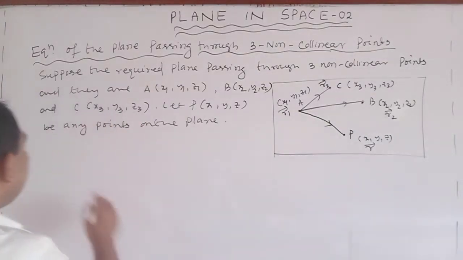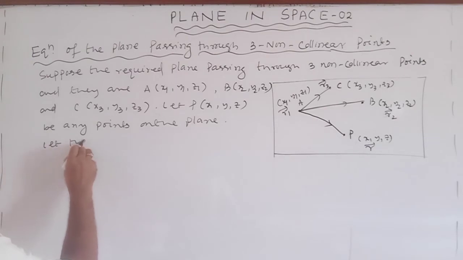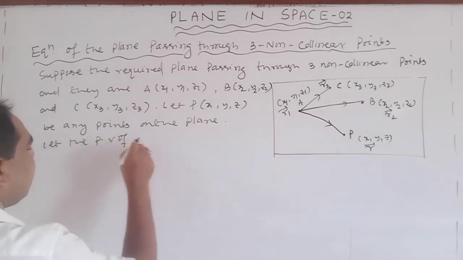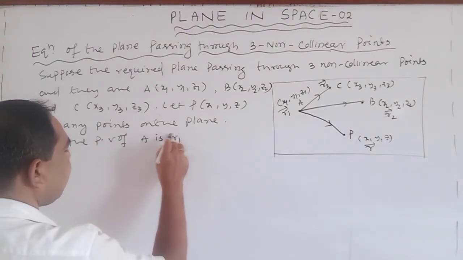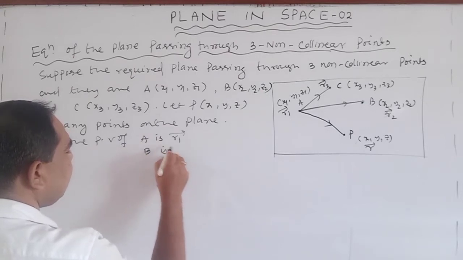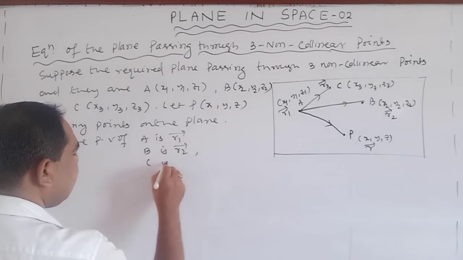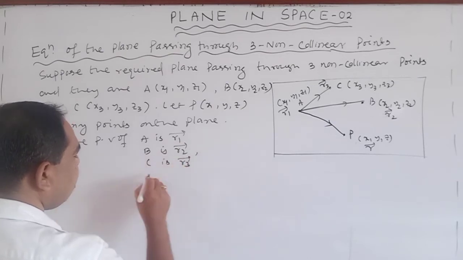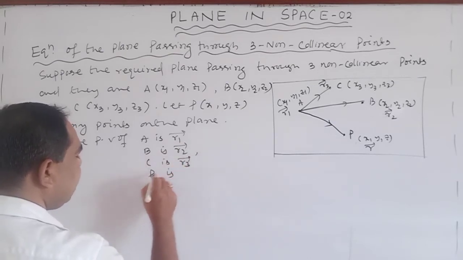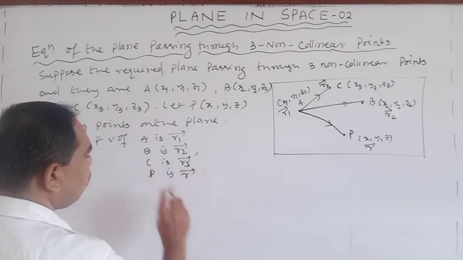Let the position vector of A be r1 vector, B is r2 vector, C is r3 vector, and P is r vector.